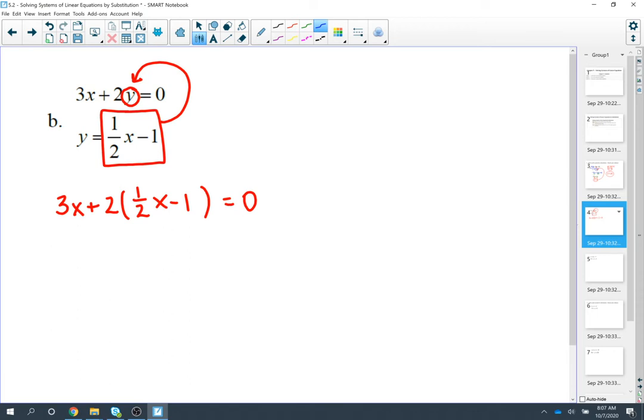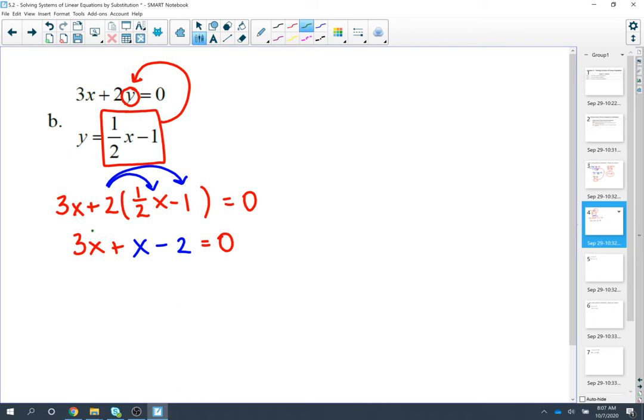Now we have to solve this equation for x. So we still have 3x plus. Then I'm going to distribute 2 times 1/2 x is just x minus 2 times 1 is 2 equals 0.